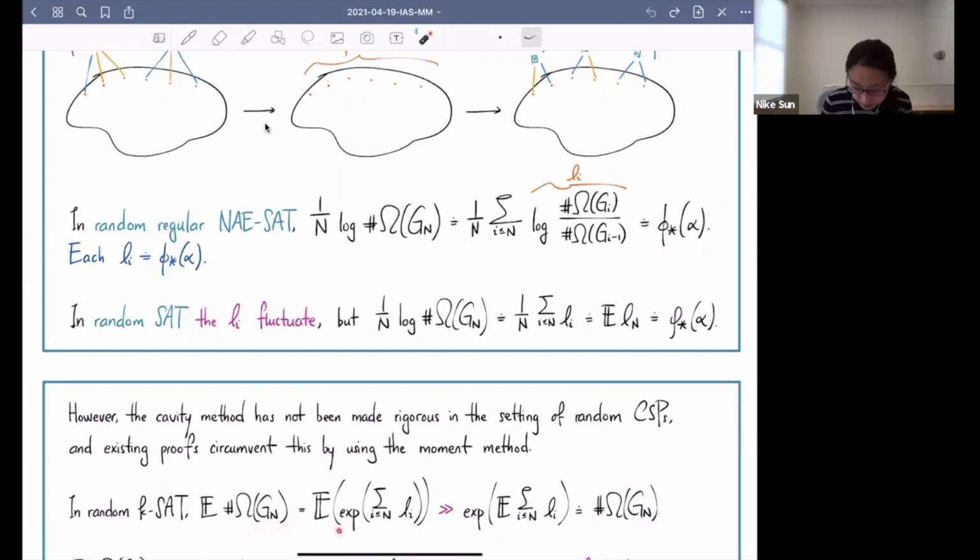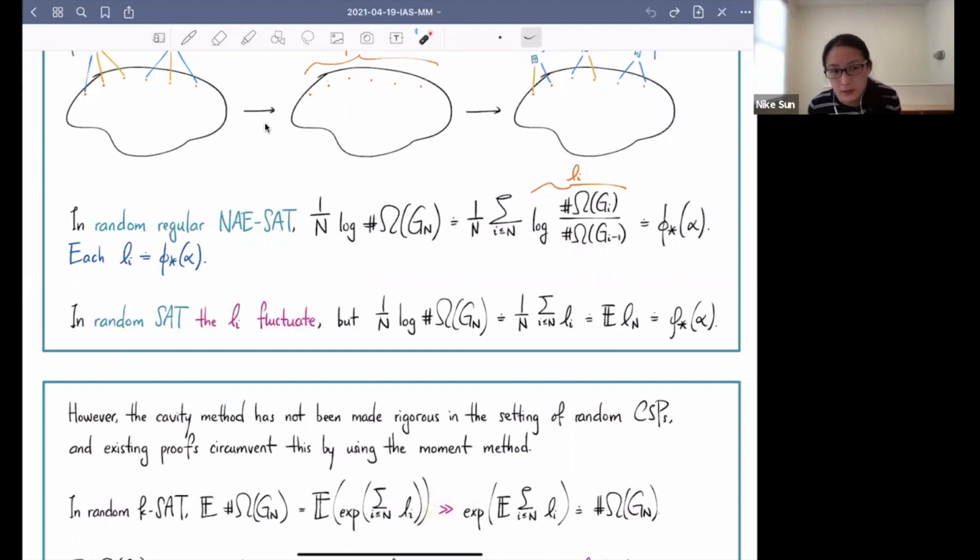So it's the expectation of an exponential of this sum of L_i, which fluctuate. And the expected value of the exponential of a random variable is larger than the exponential of the expected value of that random variable. So this will be large. As a result, the moment method will give the wrong answer.